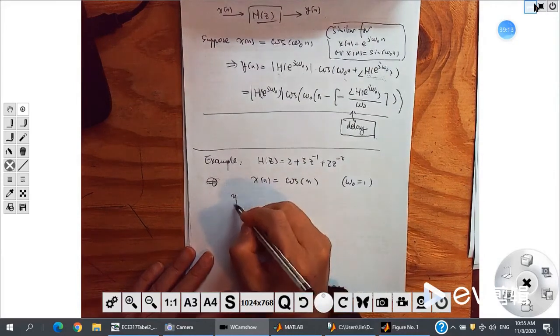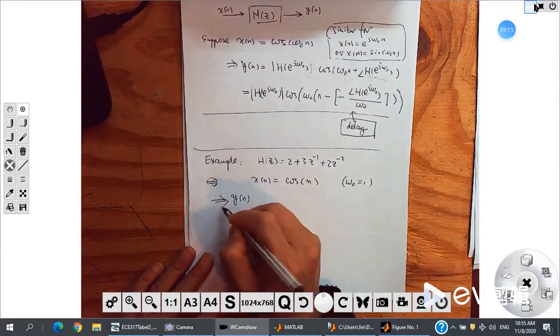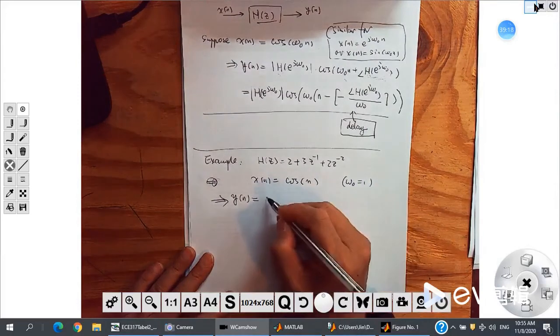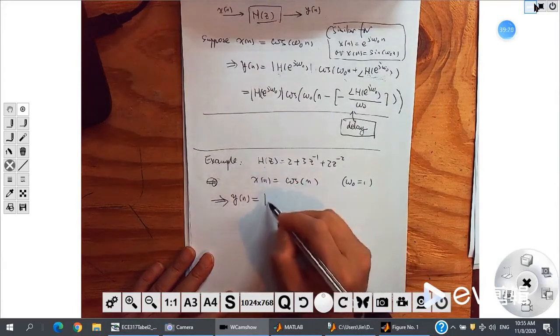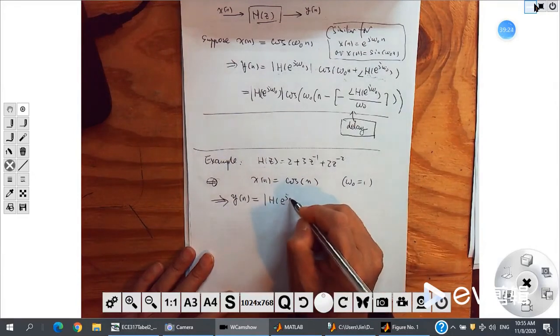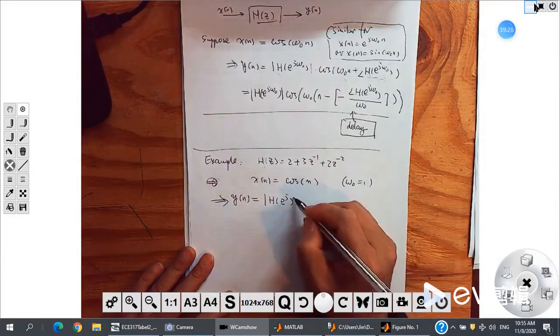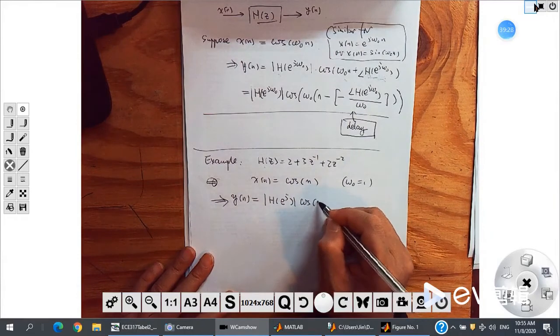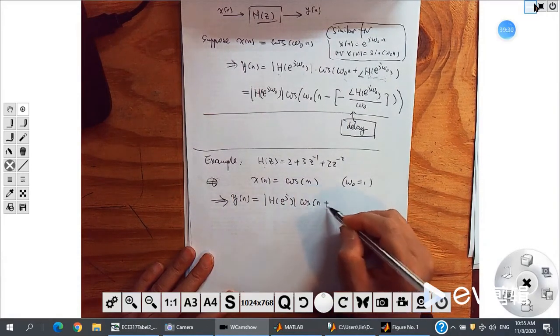Then y[n] will be the magnitude of H(e^j1) times cosine of n plus the phase angle.